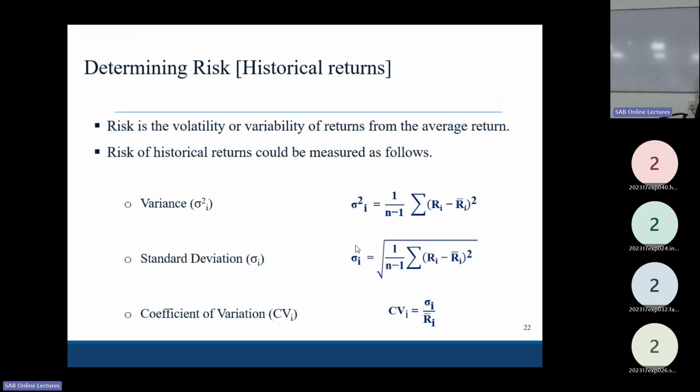So this is standard deviation, and this is R bar. Standard deviation divided by average return gives you risk per unit of return.